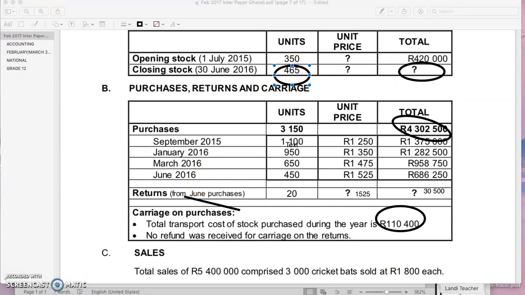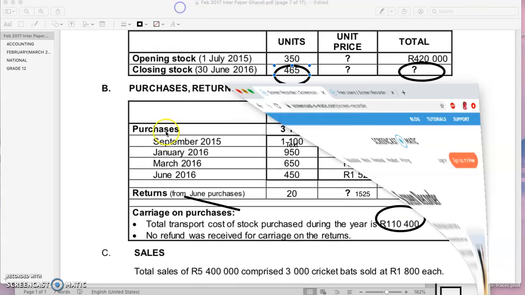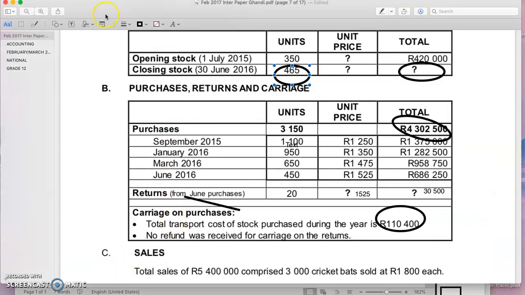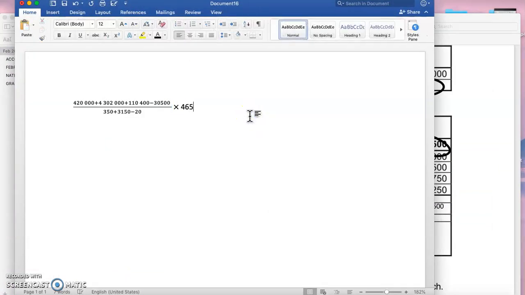Why? Because the calculation we just did is for one unit, but we are trying to calculate all our units. So 465, and then you should get a total of, I think, 641,700.